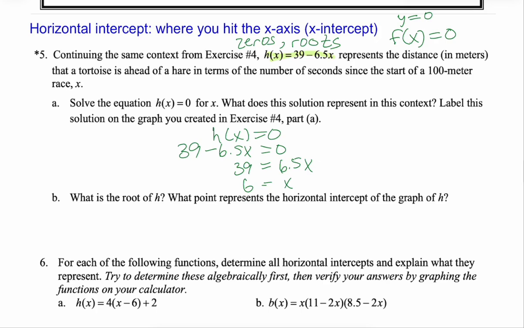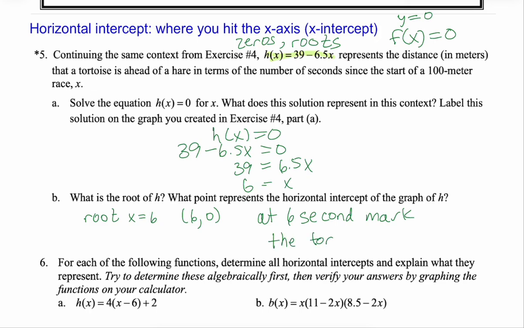So when they say, what is the root of h? The root of h is when x is equal to 6. That is the point 6, 0. Now, what does that mean? That means at the 6-second mark, the distance between the tortoise and the hare is 0.